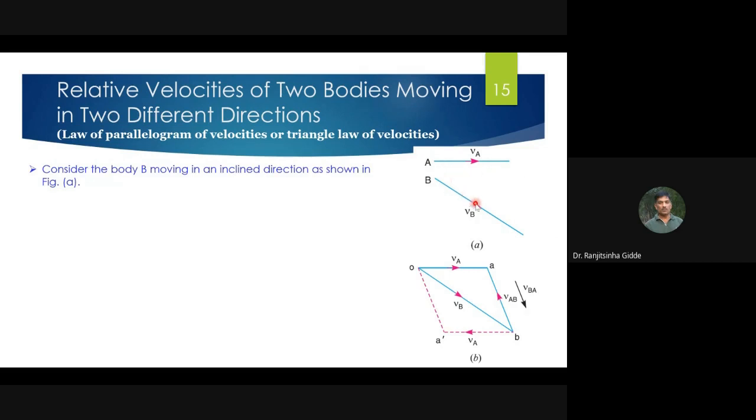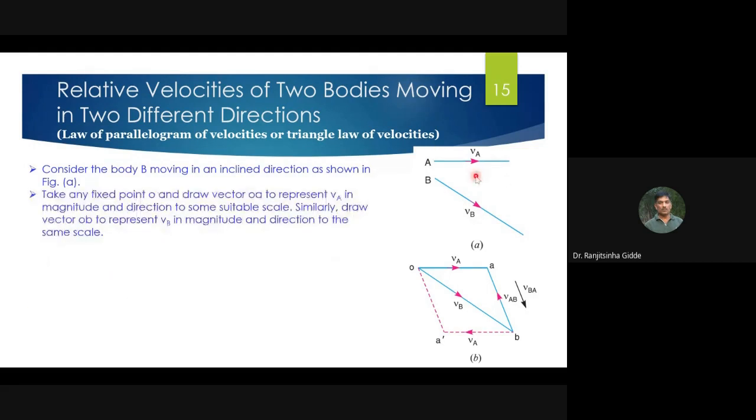So body A and B, this is the direction for body B and this one is the direction for body A. Now this is the figure which was given originally, and for this we are going to draw the vector diagram.